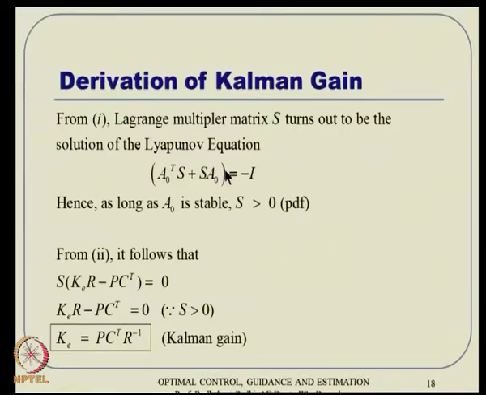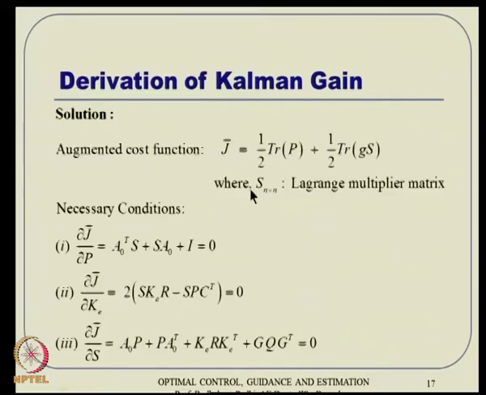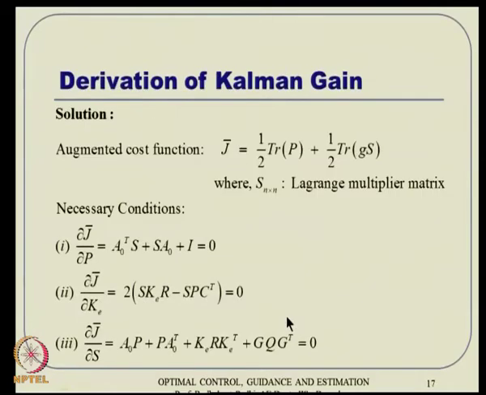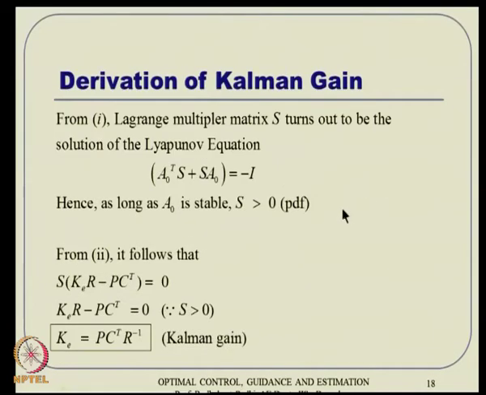So as long as A naught is stable, there will be a positive definite matrix S which will satisfy this equation. Remember what is S? G is the equation, and S is nothing but the Lagrange multiplier matrix, to be exact.